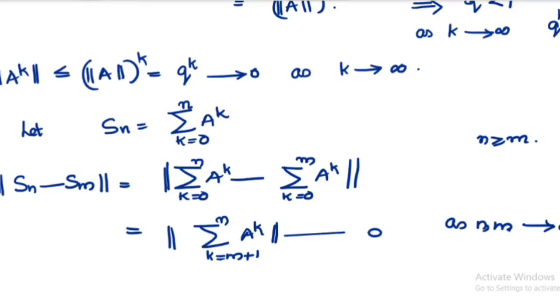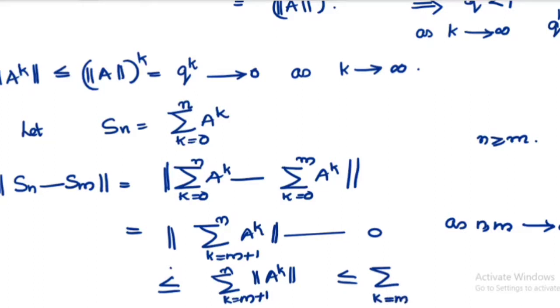Why? This is less than or equal to the sum over k from m plus 1 to n of norm of A raised to k, which is less than or equal to the sum over k equal to m plus 1 to n of norm of A whole raised to k, and this is q raised to k.